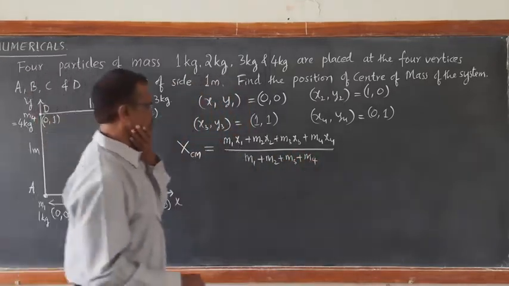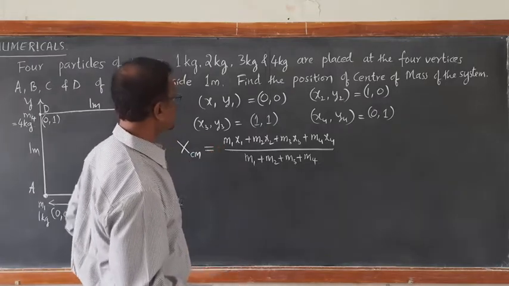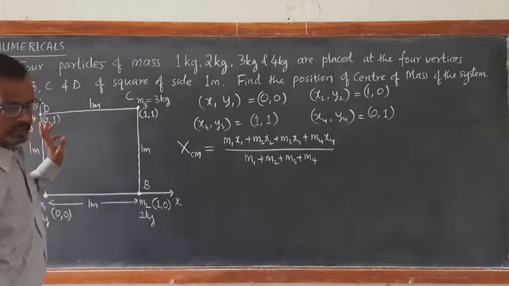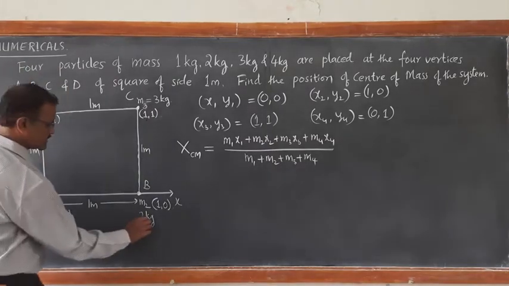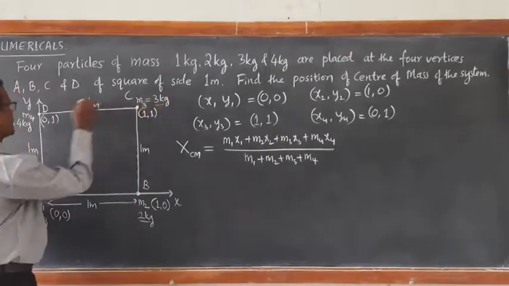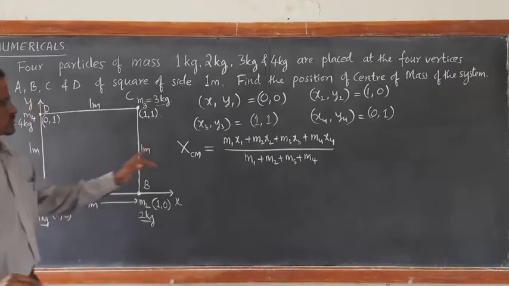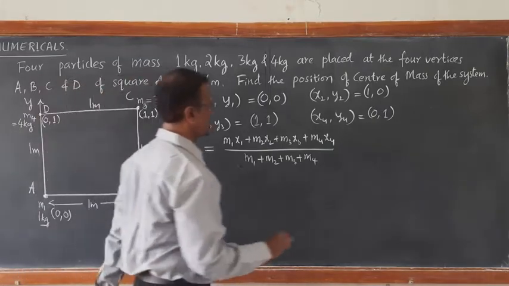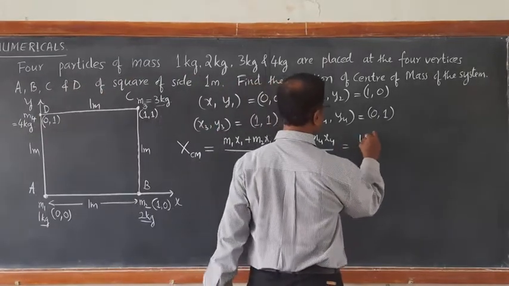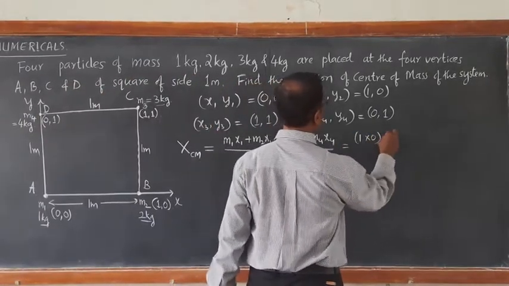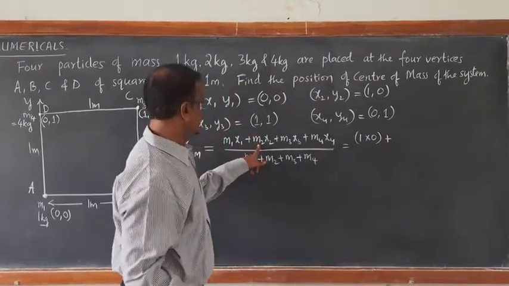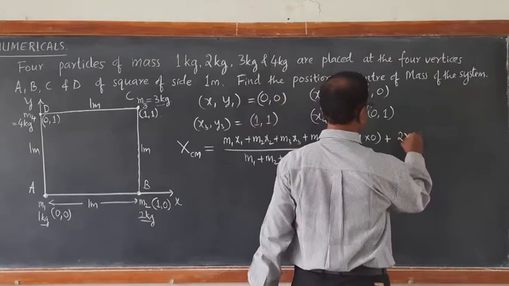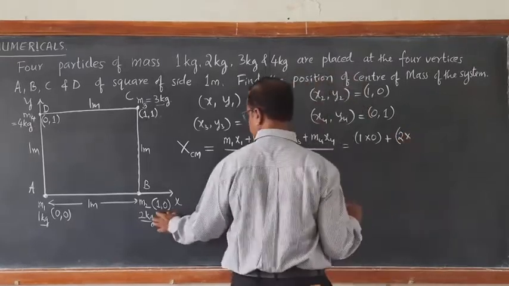So just substitute the values. These masses are 1 kg, 2 kg, 3 kg and 4 kg respectively. So m1 is 1 kg, 1 kg into 0. So that becomes 0 plus m2 into x2. m2 is 2 kg, 2 kg into x2, which is 1.